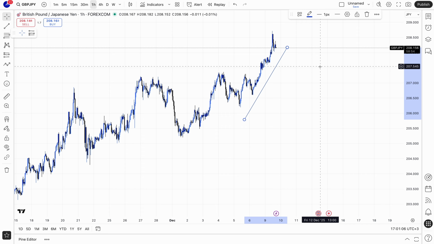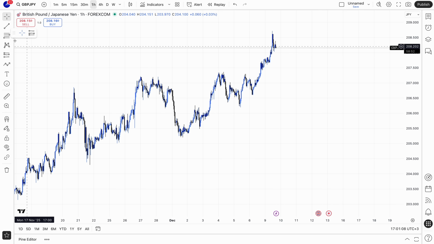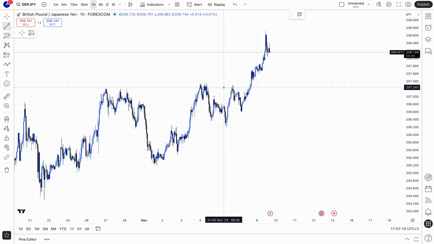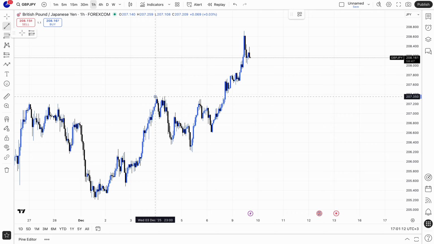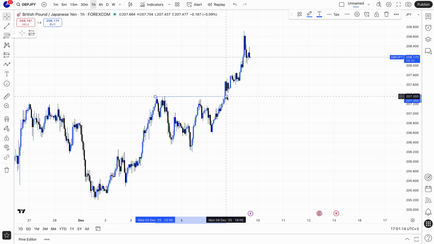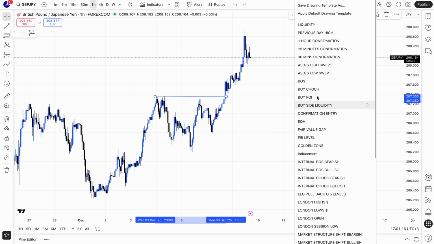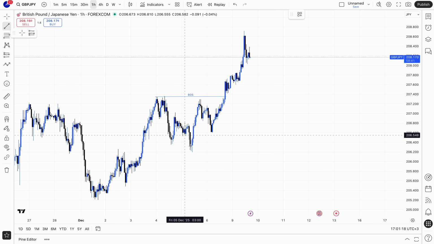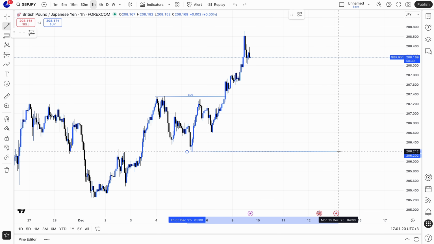Then you just wait. We just have to wait for those entry key points. You can see we have our break of structure to the upside. We have our swing low, external swing low.